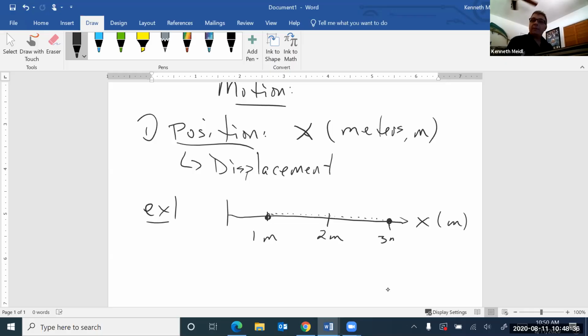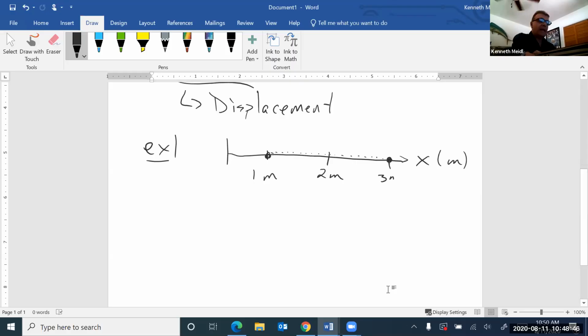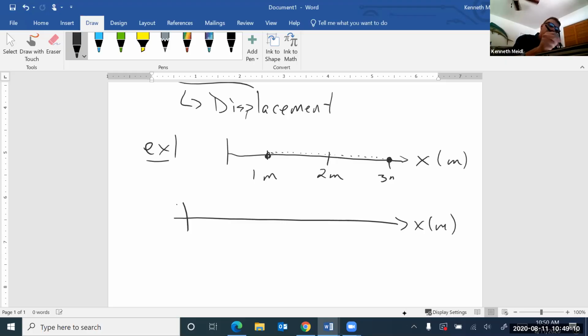The place where they become the same idea, that is, you will always get the same answer, and why a lot of times the word distance and position are interchanged in our everyday language, even though they mean something completely different to the physics community, is if you have an object that moves on a number line, and if it starts at the origin, so if it starts at x equals 0, and maybe it ends up here.